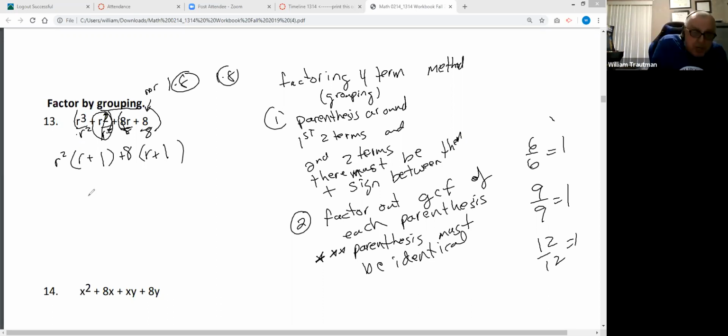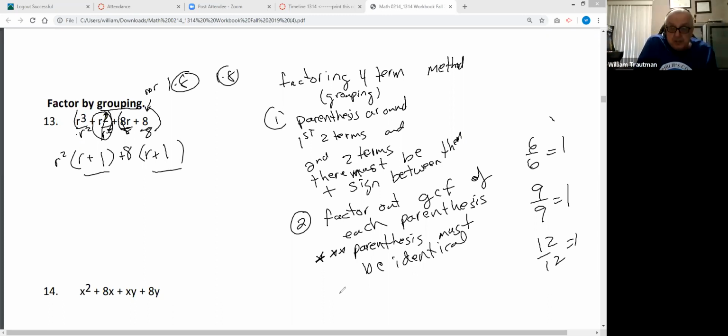Do you see how my parentheses is exactly the same, r plus 1? If you factor 4 terms and they're not the same, you can't continue. You're done. It doesn't factor. You might want to try to rearrange the numbers or letters again, but it should always be the same, or you can't factor.